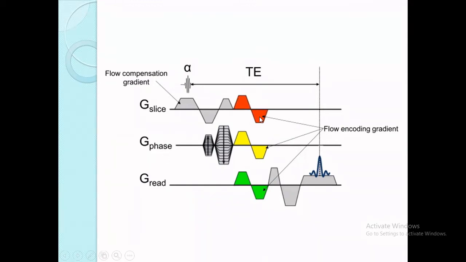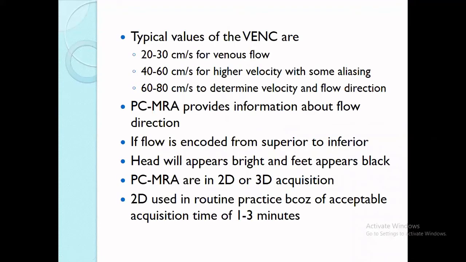You apply the flow encoding gradient once in the positive direction and the other in the opposite direction. That's how the phase stays constant for the stationary spins, but not for the flowing blood, the spins that are flowing. So if you achieve this, there will be a difference in signal between the stationary and the moving one.